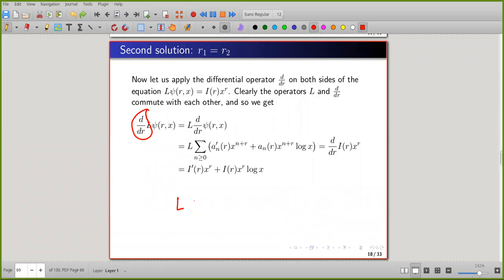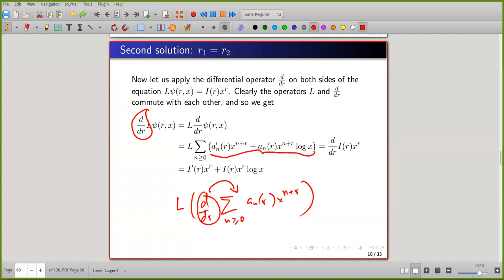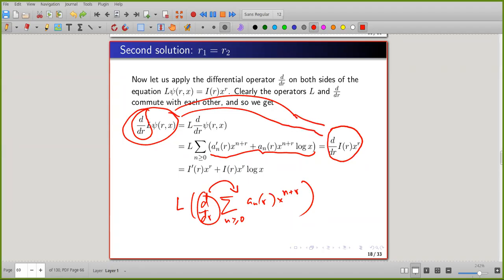So L into d by dr of the summation of a n r x to the power n plus r, we take this inside, we exchange both these, and then we get exactly this. And this is equal to d by dr of I r x to the power r, because this is equal to this, and here we have simplified this.